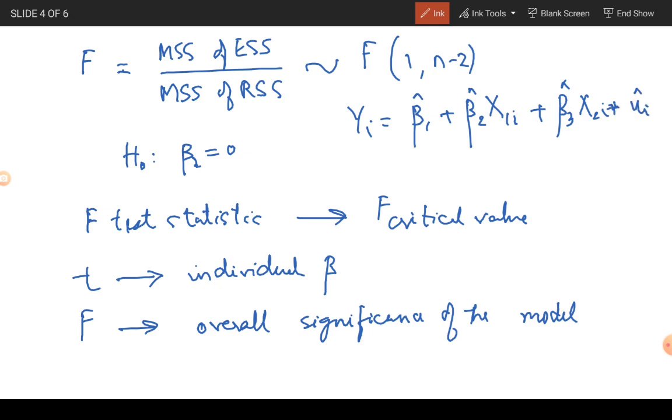When you have more than one explanatory variable, this would be an example of a 3-variable regression model. When you have more than one explanatory variable, the F test is used for testing the overall significance or the overall explanatory power of the model.